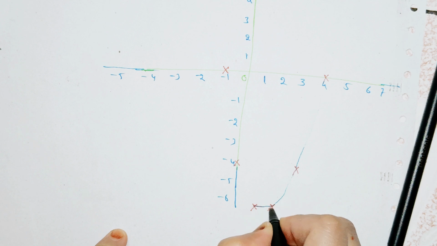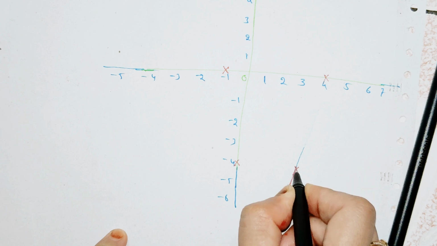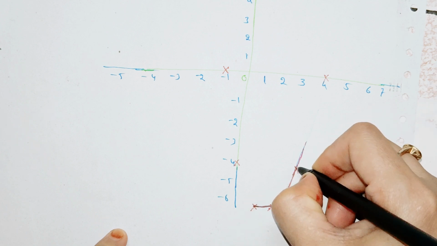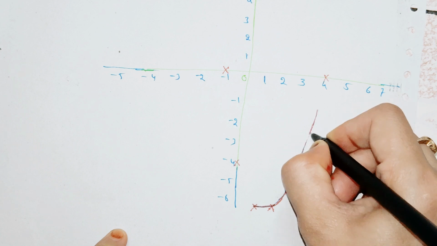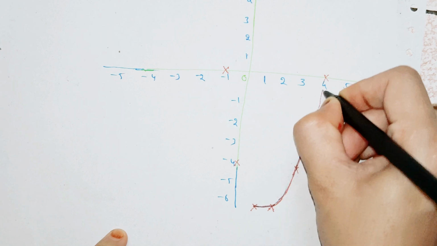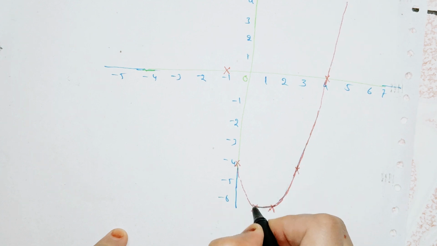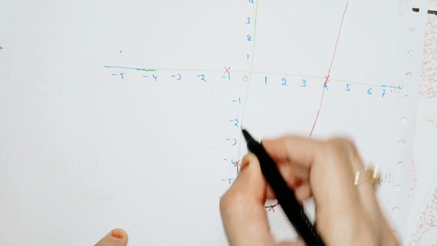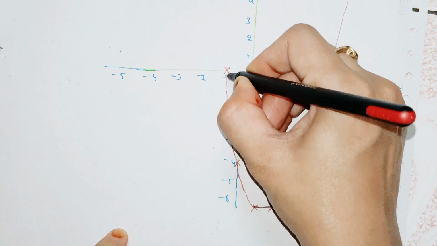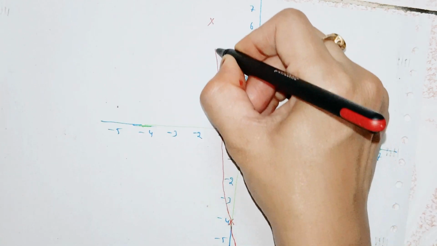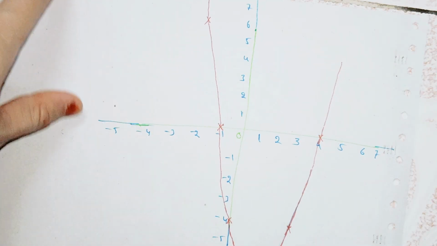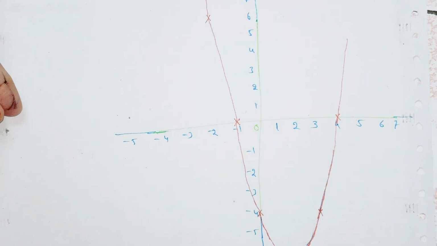I'll try to join this with the red pen only so that it will be visible clearly. So as you have seen clearly, our graph will be like this for this polynomial.